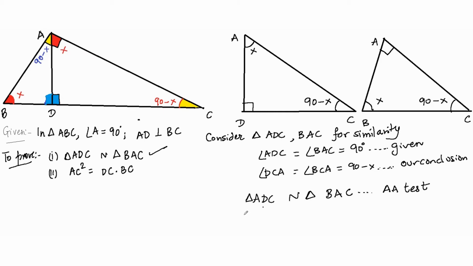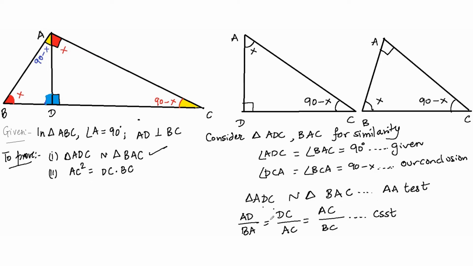Now by CSST, I can say AD divided by BA equals DC divided by AC, which is equal to AC divided by BC, right? This is corresponding sides of similar triangles. And now if you notice, I need AC square.